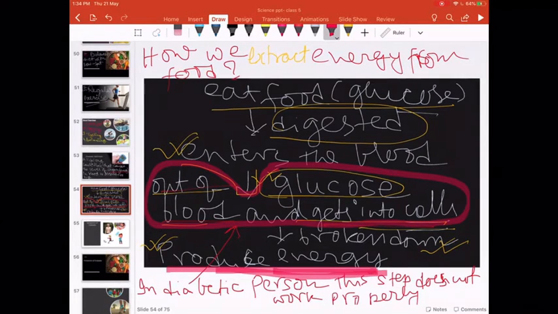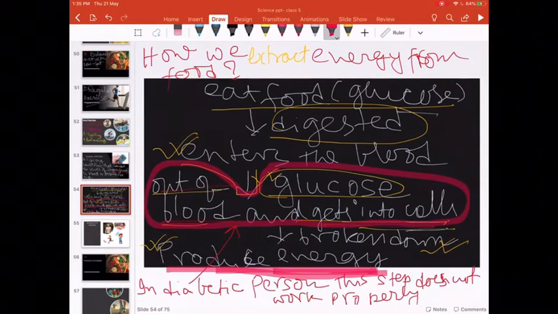Now students, the entire amount of glucose which is coming from the digested food is unable to enter the cell of a diabetic person because a certain amount is left in the blood. So students think, first glucose should come out of the blood and enter the cell. Then only we are going to get a sufficient amount of energy.